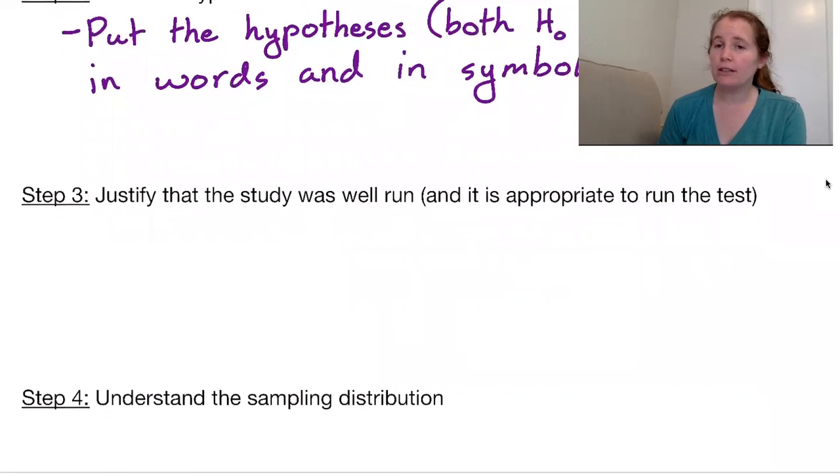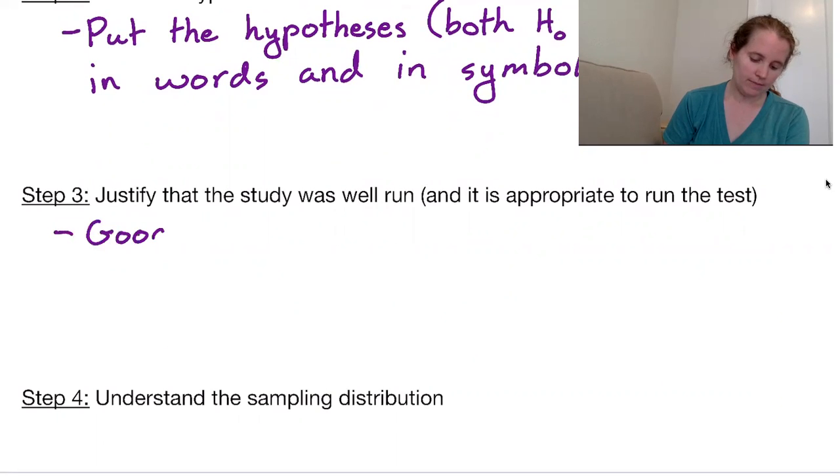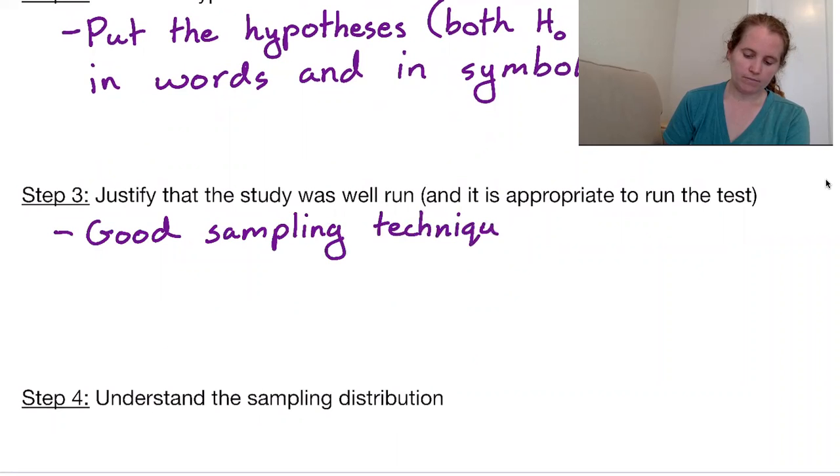Step 3, we have to justify the study was well run. So first, we need a good sampling technique. For that, we need that it was random and that it draws from the whole population.